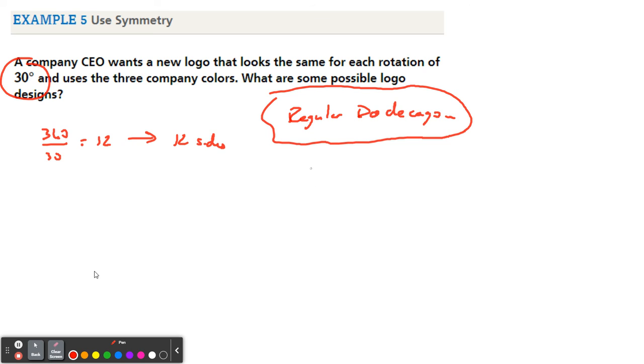I got to do 12, right? 1, 2, 3, 4, 5, 6, 7, 8, 9, 10, 11, 12. That's terrible. Let's try one more time. I'm sorry. So let's do 6 on each side, right? 1, 2, 3, 4, 5, 6, and 1, 2, 3, 4, 5, 6. That's the best I can do.